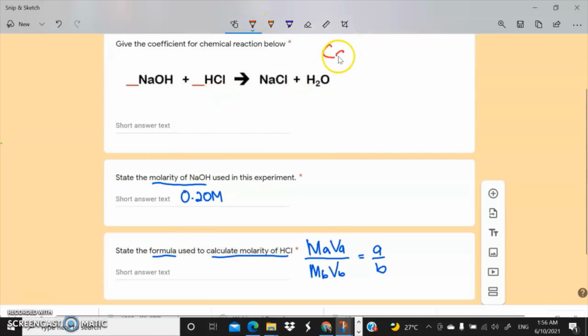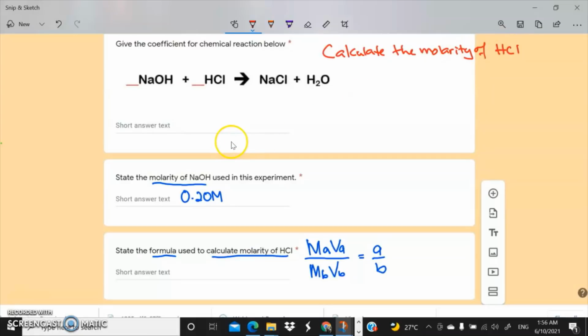Now let us see how to calculate the molarity of HCl. Okay, before that, you need a few pieces of information. The coefficient from the balanced chemical equation, which we already did just now: 1 mole of NaOH is equivalent to 1 mole of HCl. This statement is very important because we are going to use it to calculate molarity of HCl.